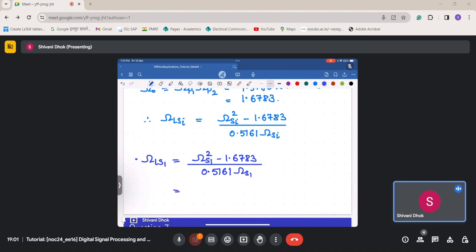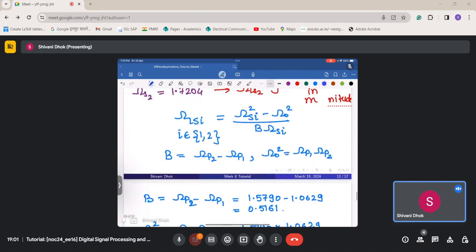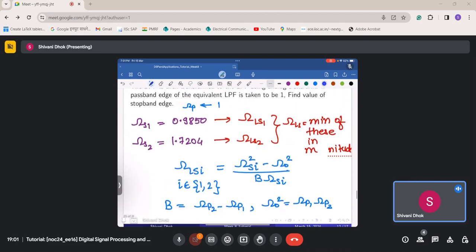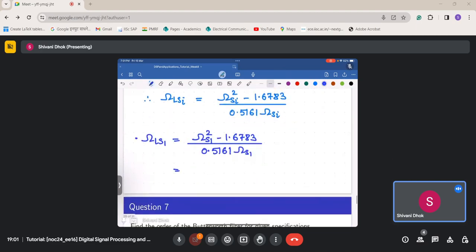This is equal to omega s1. What is its value? Its value is 0.9850. So this we have as 0.9850 to the power 2 minus 1.6783 upon 0.5161 into 0.9850.